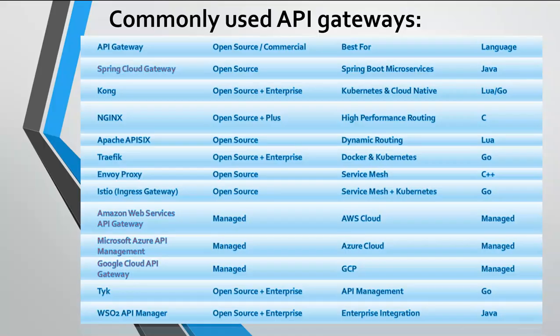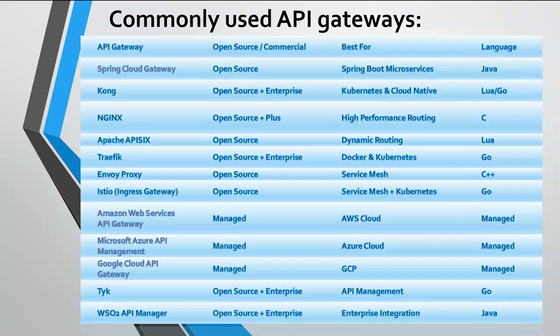The next one is Amazon Web Services API Gateway, which is mostly used when we go for the AWS cloud. When we go for the Azure cloud, there is Azure API Management, and when you use GCP, there we have Google Cloud API Gateway.